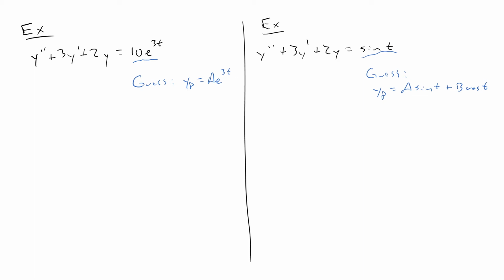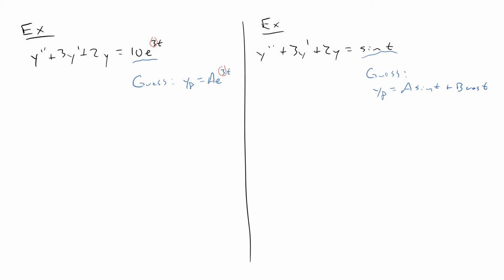For these next two examples, I went ahead and wrote down what our guess would be. So we have y double prime plus 3y prime plus 2y equals 10 e to the 3t. Since that right-hand side is an exponential function, we would guess that our solution is also an exponential function. Notice here we have the same number attached to t in the exponent, so that shouldn't change.